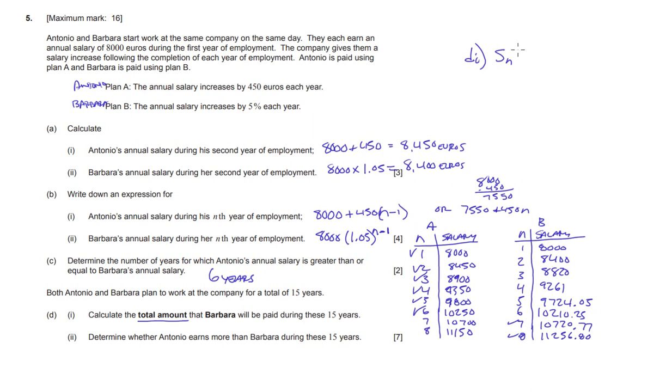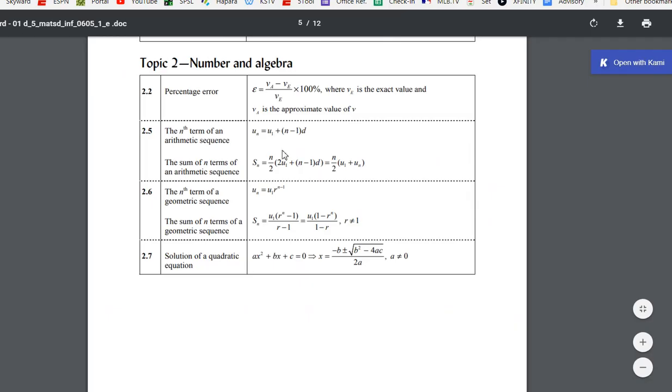Here, let me find it first. Okay, here it is. We want the geometric sequence. So it's going to be either this or this, not both. Just enter one or the other. I don't really know why they have both of these. One is not necessarily nicer than the other. I'm just going to use the first one here.